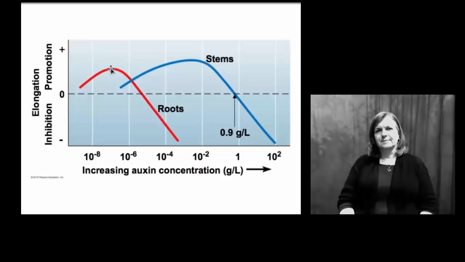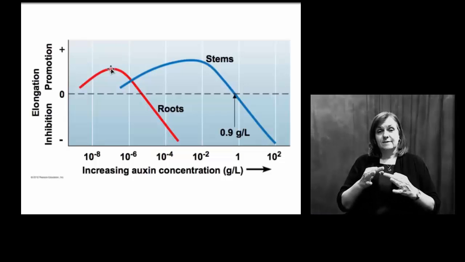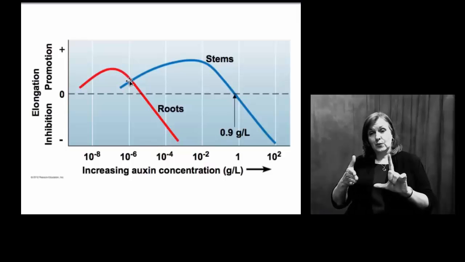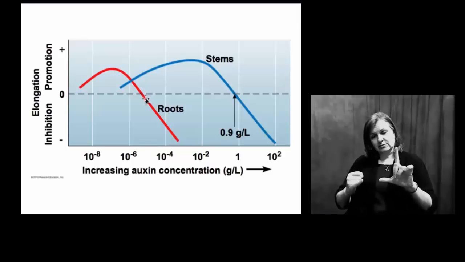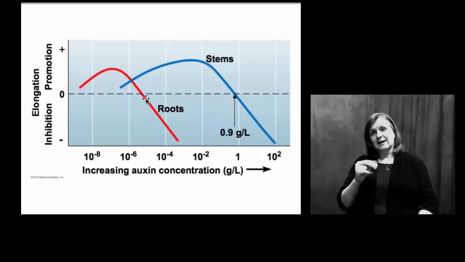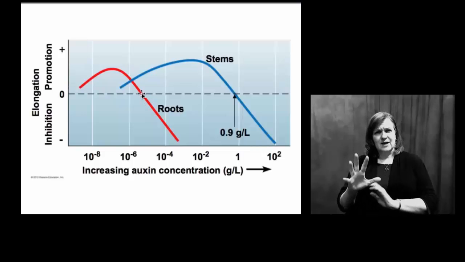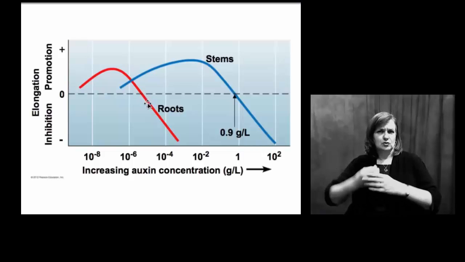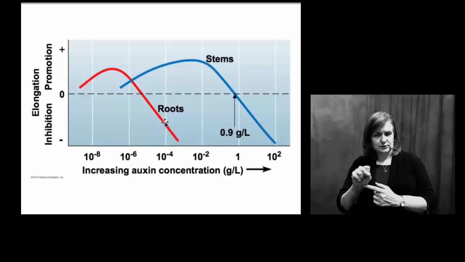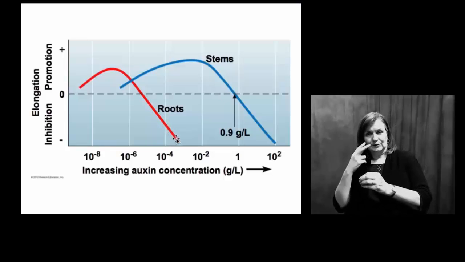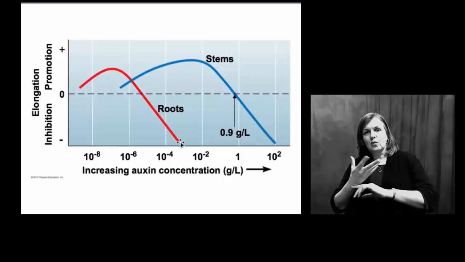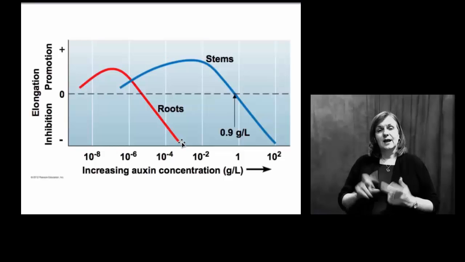How do I know that? And how do I know that if I go beyond that, I actually go into inhibition at about 10 to the -5? I have started to inhibit growth, and if I increase that concentration to 10 to the -4, I actually have significant inhibition of the roots.